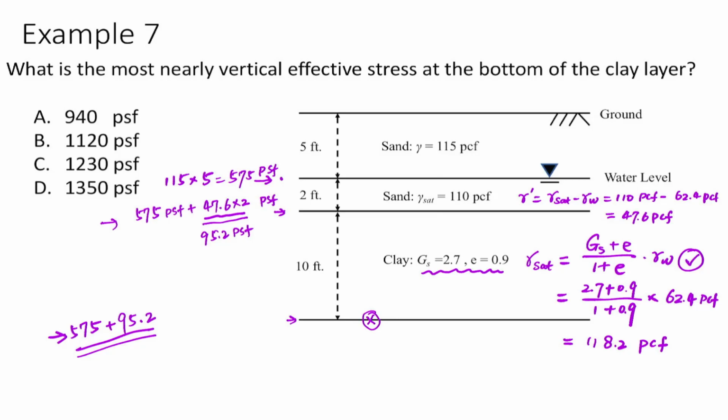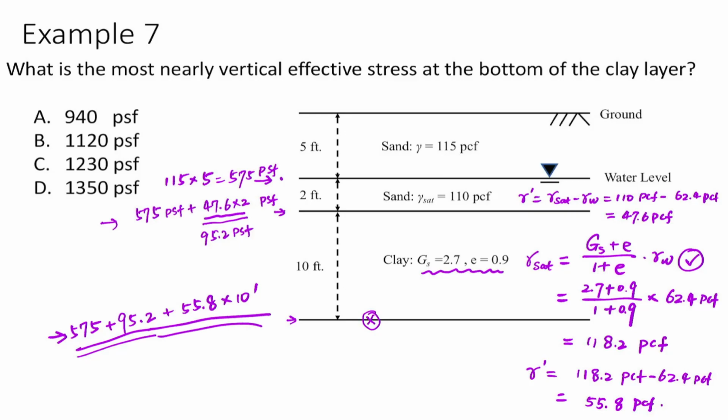And the gamma prime for that layer is 118.2 PCF minus 62.4 PCF, which is about 55.8 PCF, plus 55.8 times 10 feet.